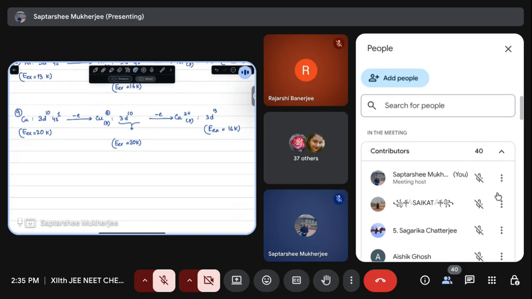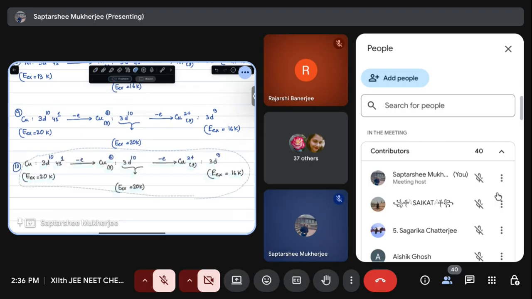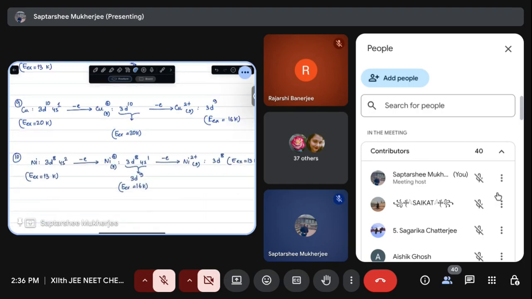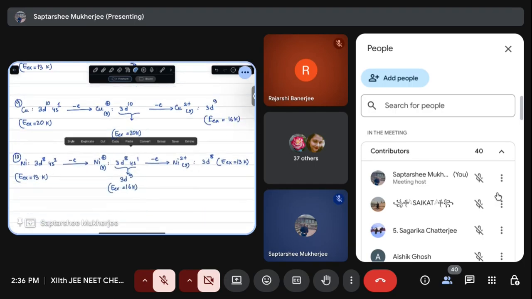Last but not the least, we should count for zinc. Let's say zinc plus, zinc 2 plus.